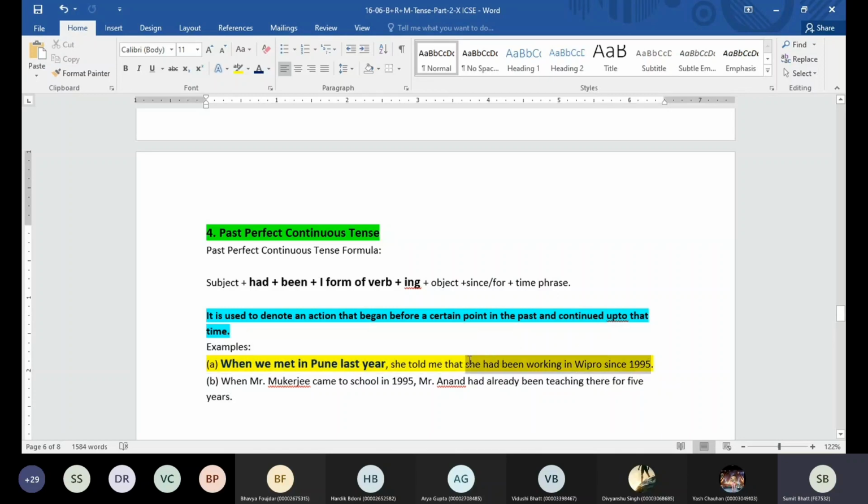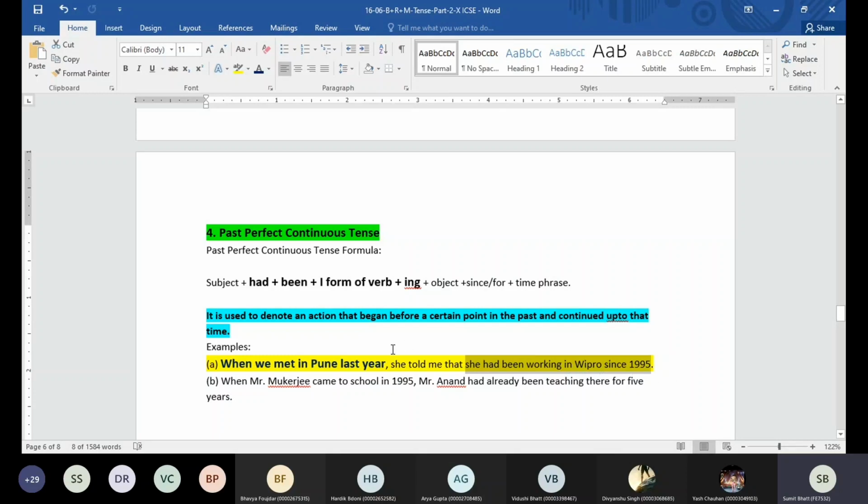So remember, this tense is generally not used on its own. It will be used in combination, because first they are going to tell you that things were done in the past. Then only will you know we are referring to past time, and to something continuously being done in the past. Then we are going to go for past perfect continuous. We can also say, she told me that she had been working in Wipro since 1995.